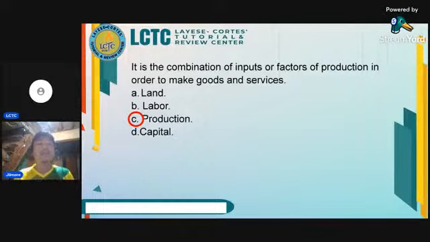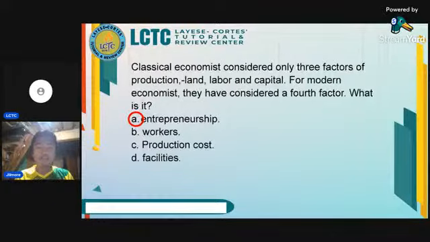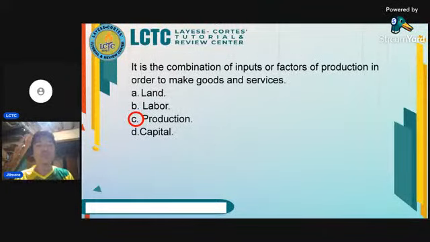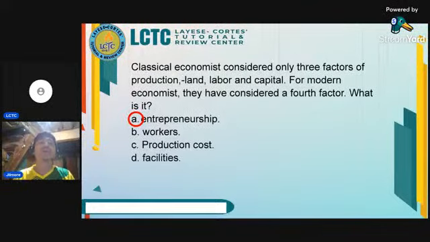Next, it is the combination of inputs or factors of production in order to make goods and services. That's production. By the way, what are the factors of production? Land, labor, capital. Classical economists considered only 3 factors of production.